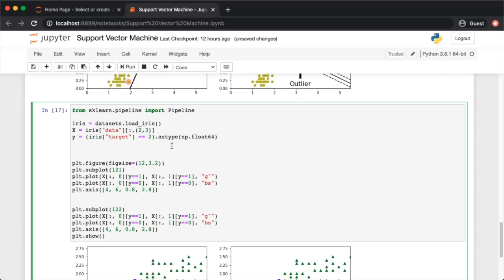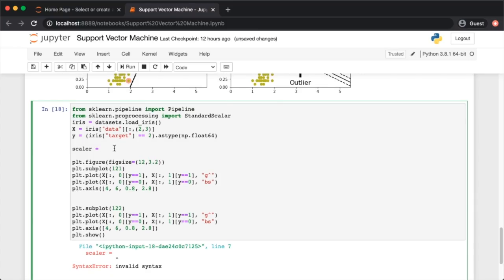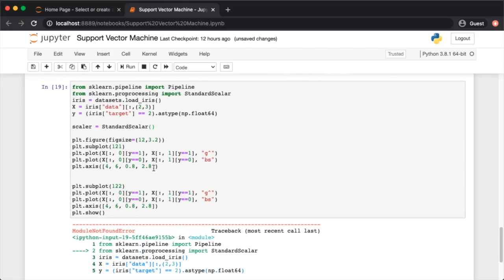Okay, so to launch a pipeline, I'm going to first use the scaler, and for that I need to import from sklearn.preprocessing the standard scaler.